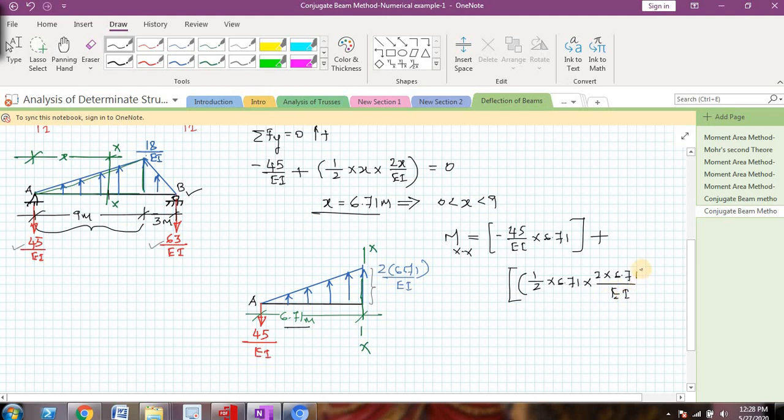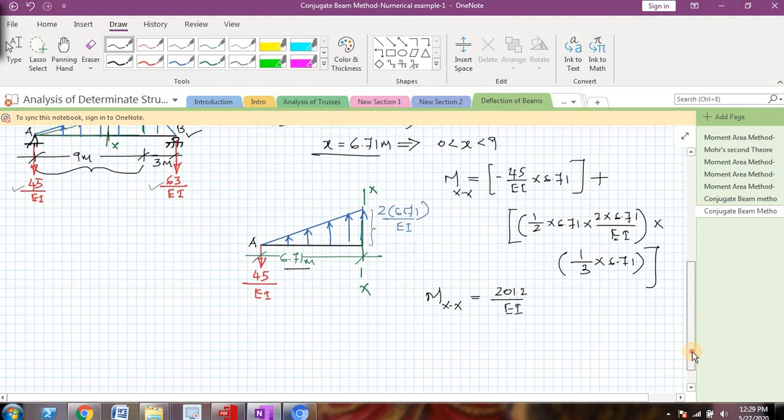This is the total load, multiplied by the CG distance up to section XX, which will be 1/3 of 6.71. There is no other force to take the moment at section XX. Once you solve this, you will get the moment at section XX as 201.2 divided by EI.